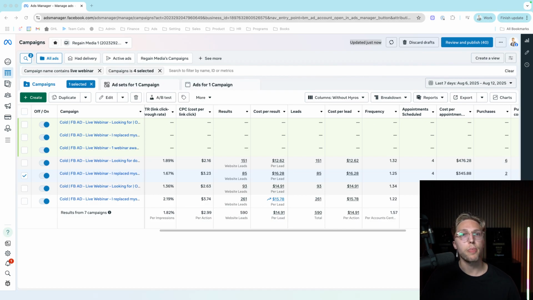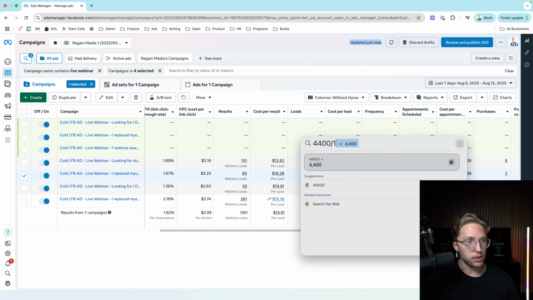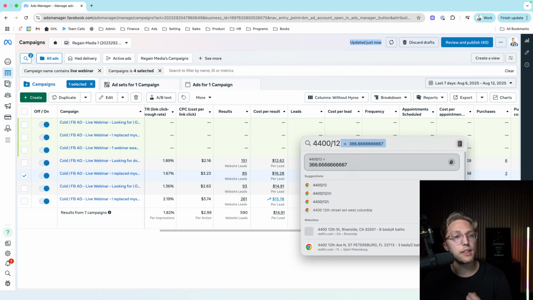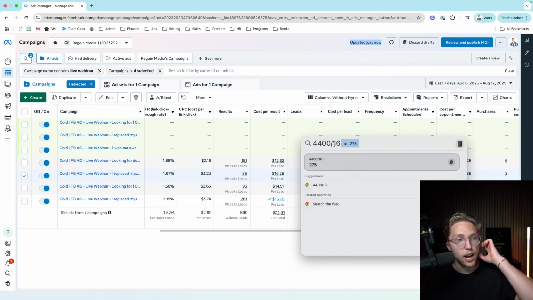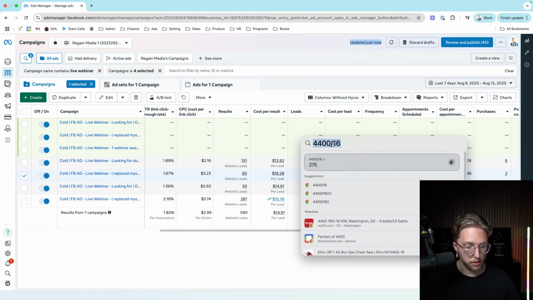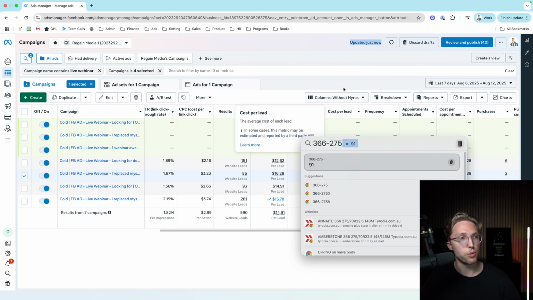So, okay, whatever. I'm spending $4,400, and say my cost per lead is $12 on this. That would mean I'd get 366 leads. If it was 16, I'd get 275. So the difference would be 91.